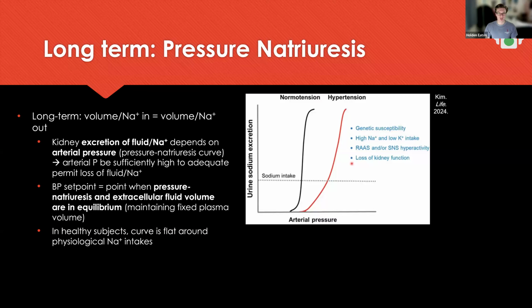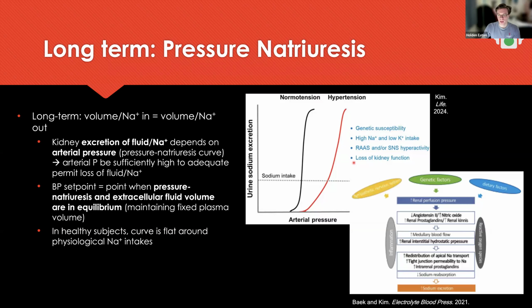So you somehow interfere with pressure natriuresis. This slightly blurry diagram in the bottom right summarizes a couple of the factors which alter this relationship between renal perfusion pressure, which is a function of blood pressure, and sodium excretion. And so we'll talk about those in a bit more depth now.